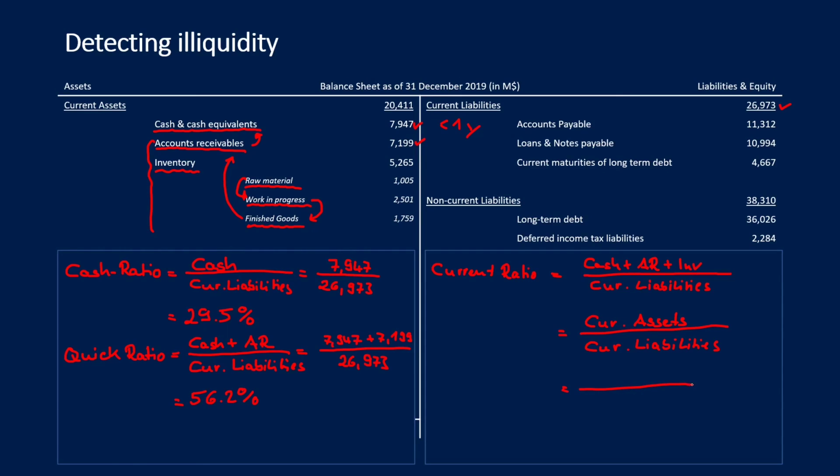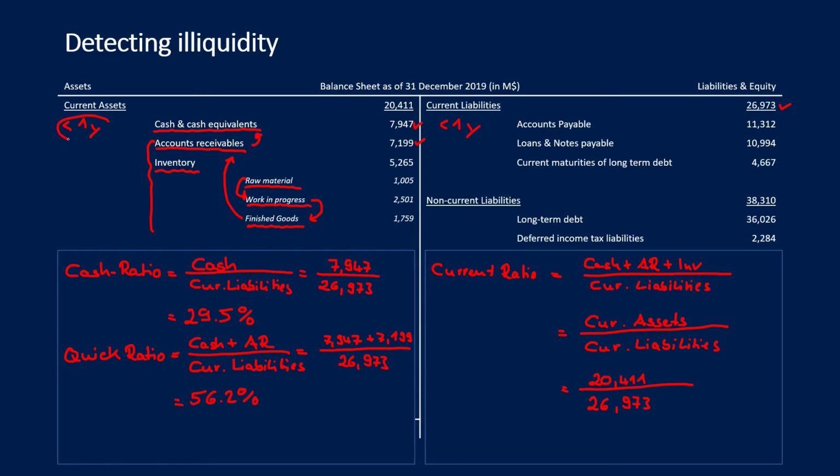So in our example here, we would now divide 20,411 by 26,973. And the current assets are defined as assets that are typically in the company for less than 1 year.